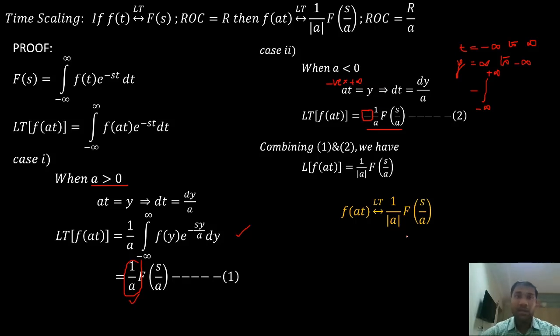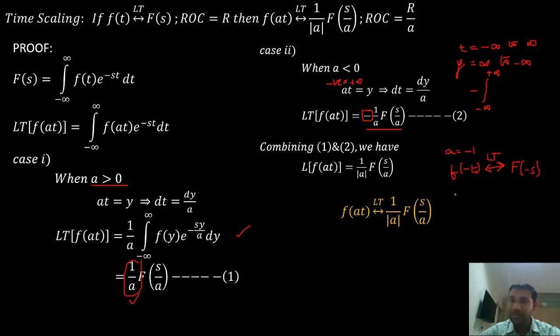So this is time scaling, right? If I put a equals to -1, what happens? F of minus t will have the Laplace transform 1 by mod -1, which is nothing but 1, into F of s by -1, that is F of minus s.